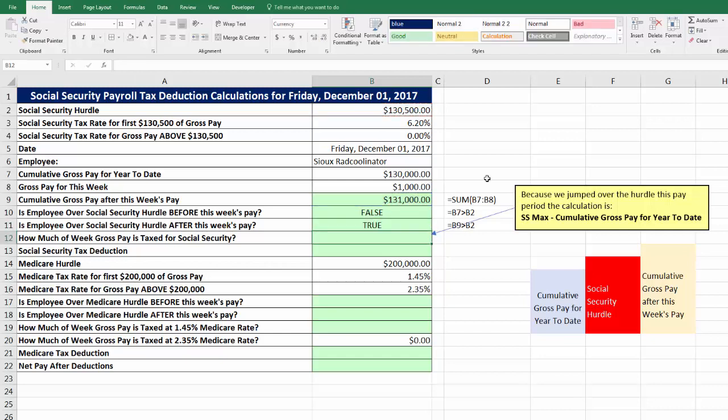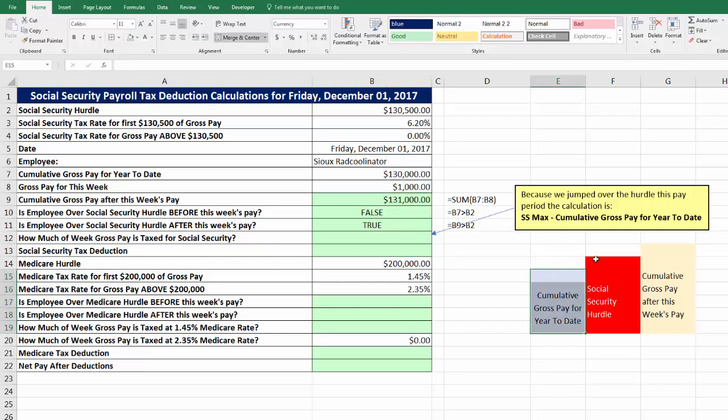And when I hit enter, true. This is the one time in the year where you have to make a special calculation. How much of the week's gross pay is taxed for Social Security? For Social Security, well, it's not all of it. And we have to figure out how much. Now, I like to draw a diagram when I'm learning this for the first time.